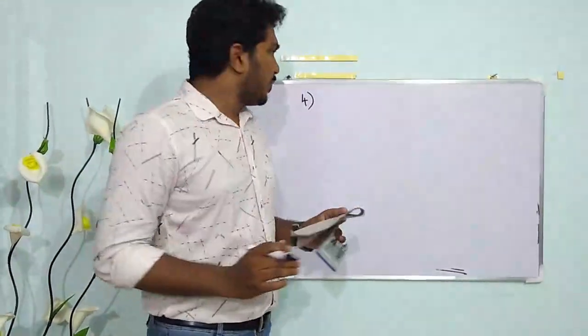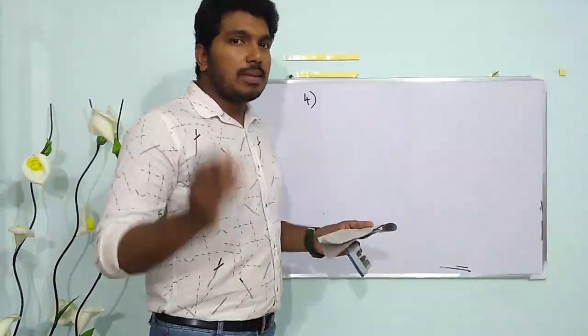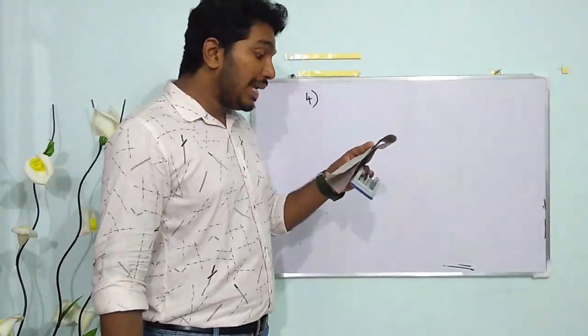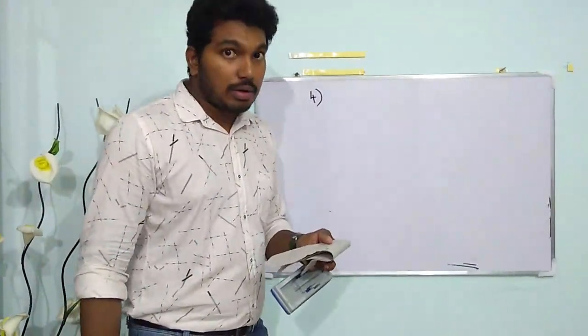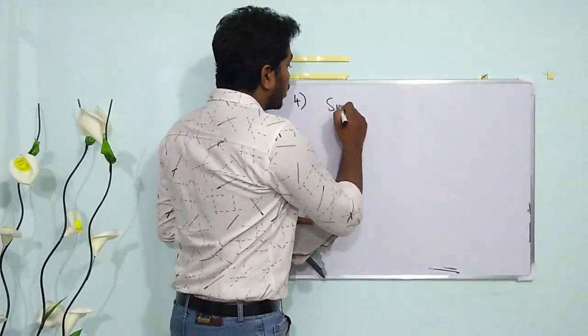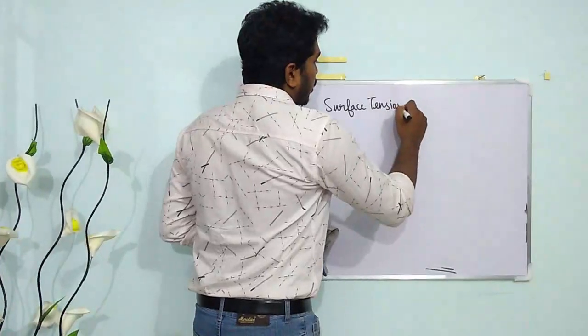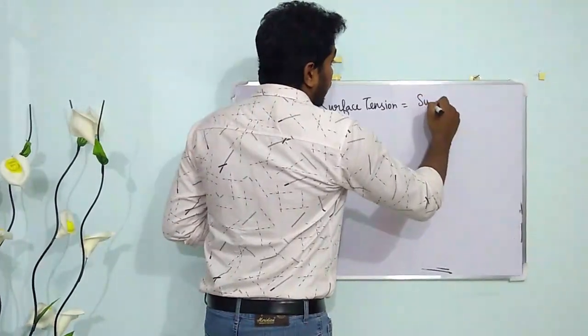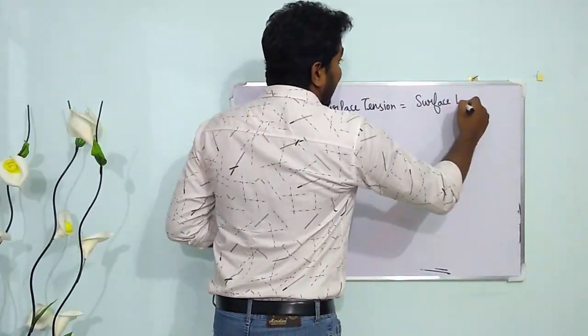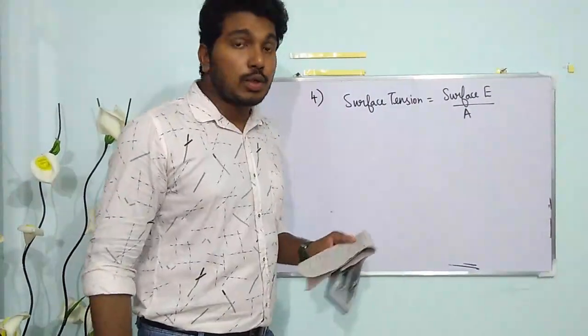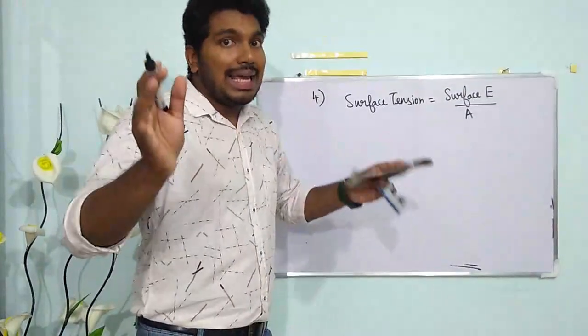So how do you solve this? You can actually use the shortcut formula I taught you just before. So surface tension dimensional formula we are supposed to find out. Right. So we know that surface tension is equal to surface energy divided by area.